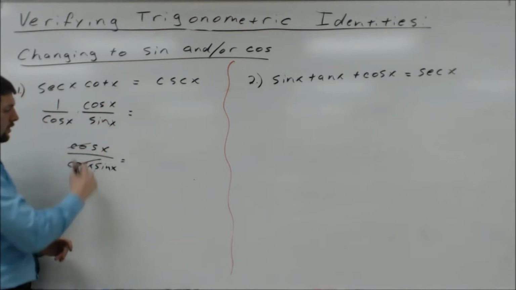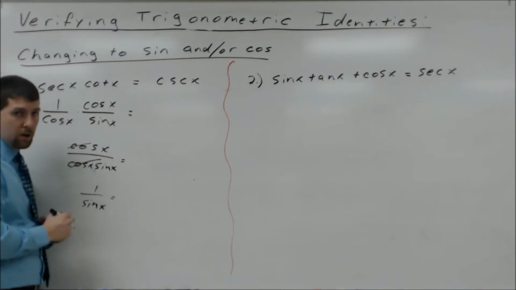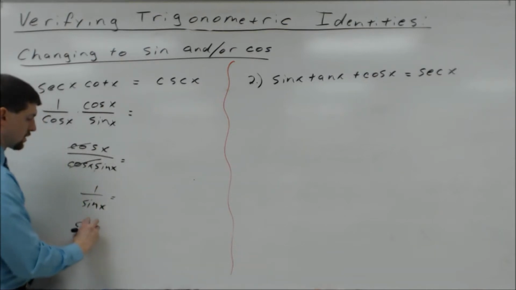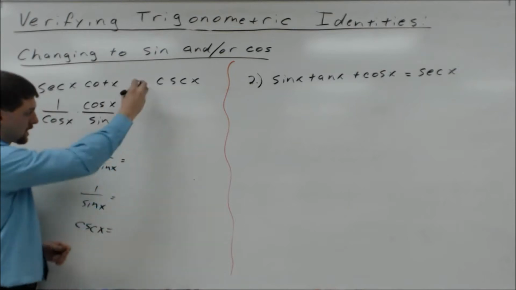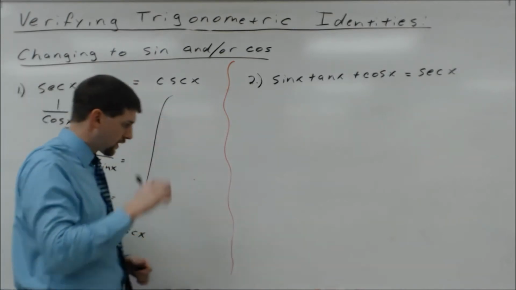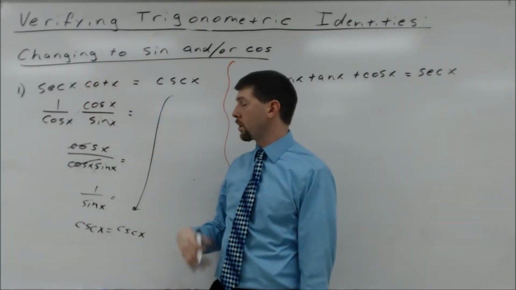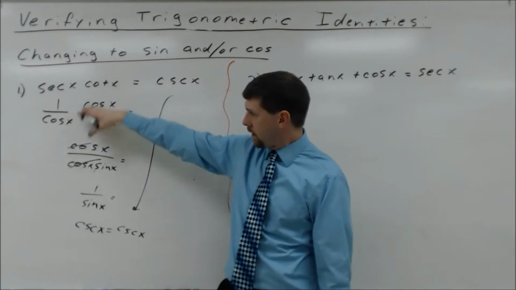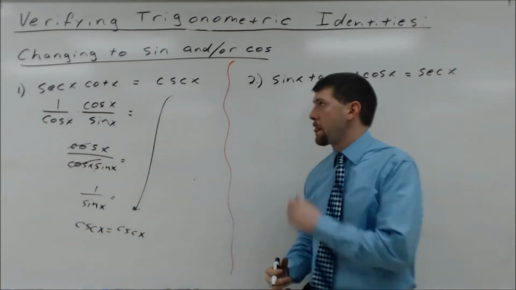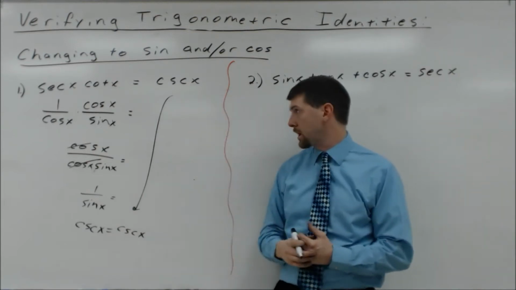So I'm left with 1 over sine of x, and what's 1 over sine of x equal? By the reciprocal identities, it equals cosecant of x. So we can see cosecant of x equals cosecant of x. We've used substitutions from our fundamental trig identities on the left-hand side to show that it's equivalent to the right-hand side. So that's all verifying: it's showing that one side is equivalent to the other side.